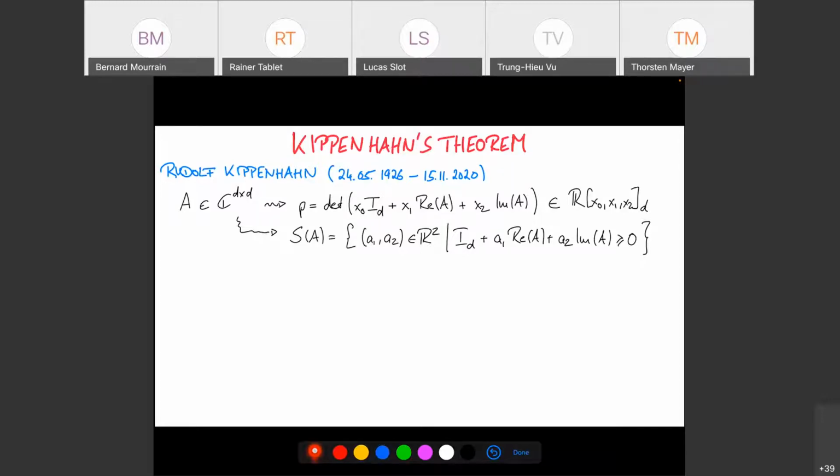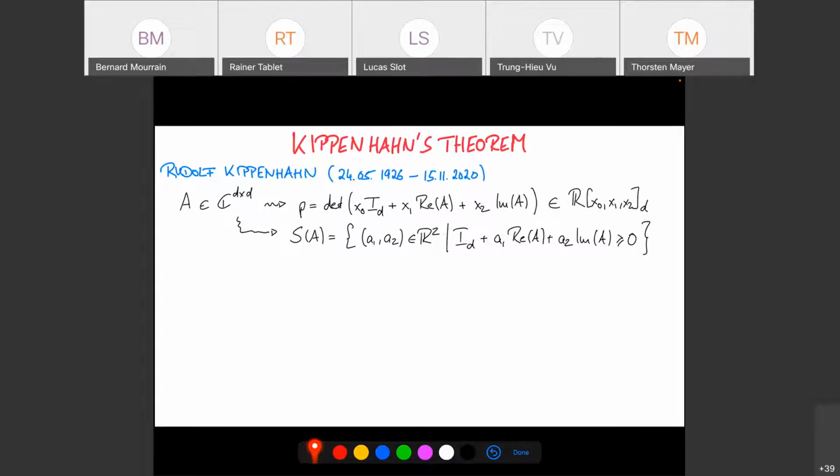First of all, we form this determinantal polynomial from the real and imaginary part, as I defined on the previous slide. This will be a homogeneous polynomial in the variables x0, x1, x2, of degree d, and it will have real coefficients because the matrices appearing here are Hermitian.